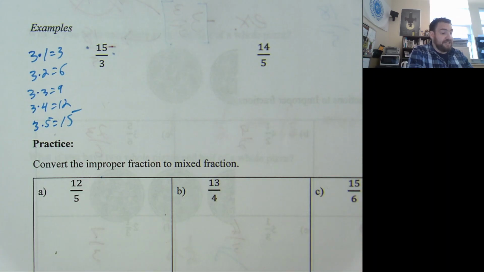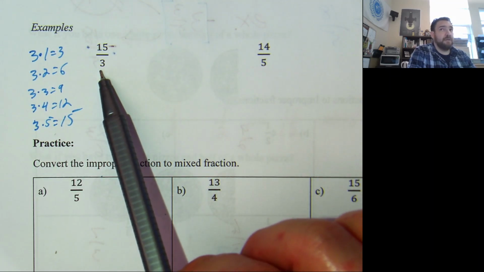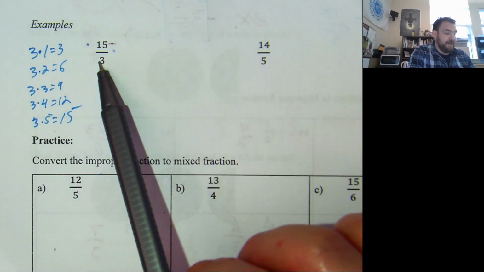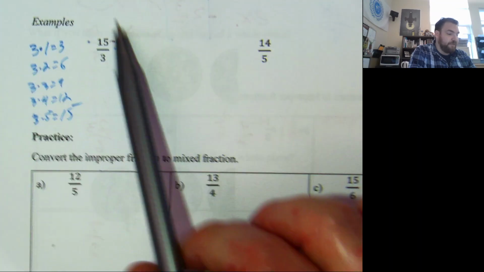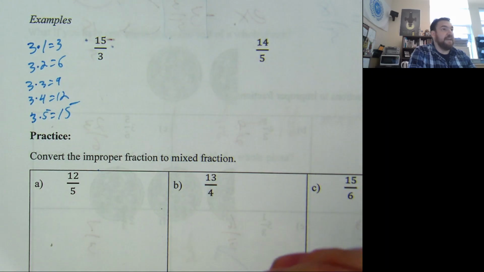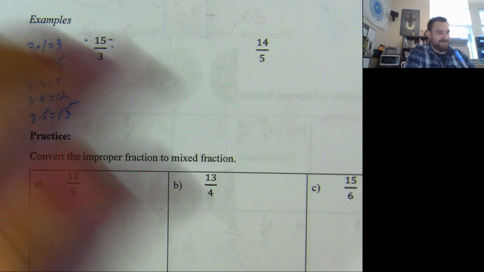So now, if I wanted to convert 15 thirds into a mixed number, 15 happens to be a multiple of 3. So how many wholes can I pull out of 15? Yeah. This many. Yes, Gabe? Yeah.